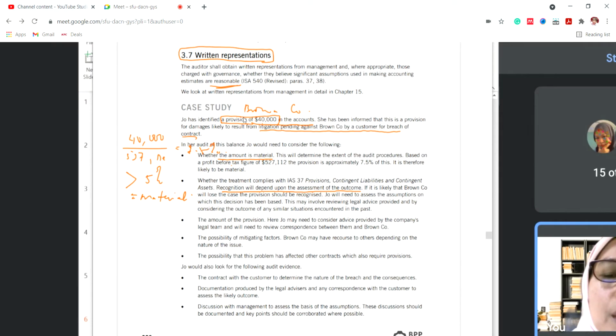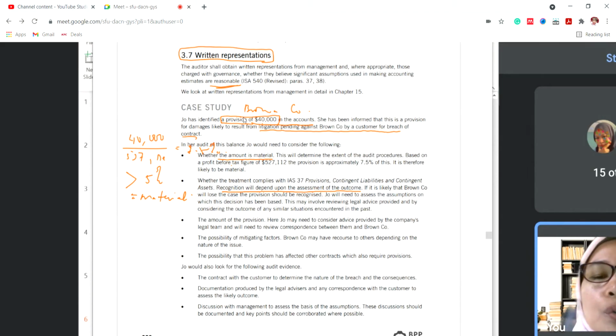Joe will need to assess the assumptions on which this decision has been based. This may involve reviewing legal advice provided and considering the outcome of any similar situation encountered in the past. So what should Joe Price do?